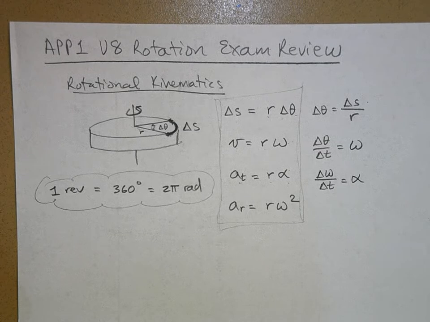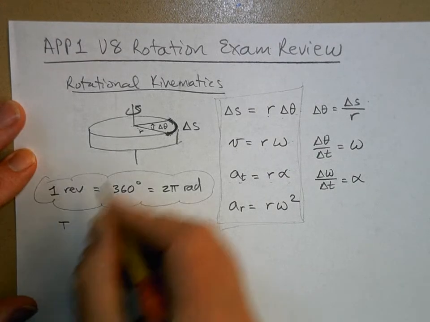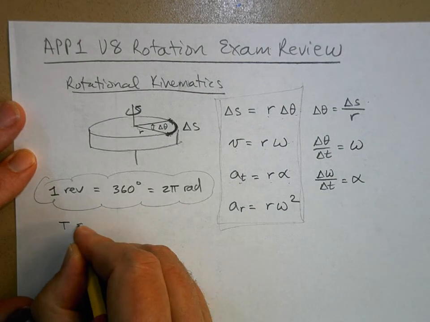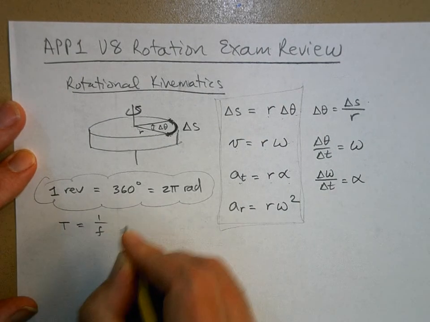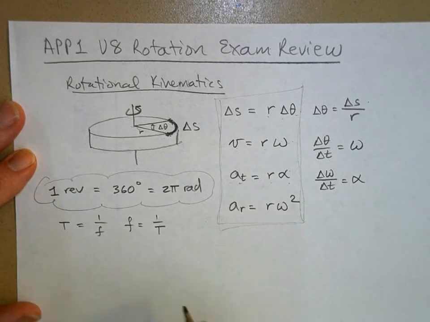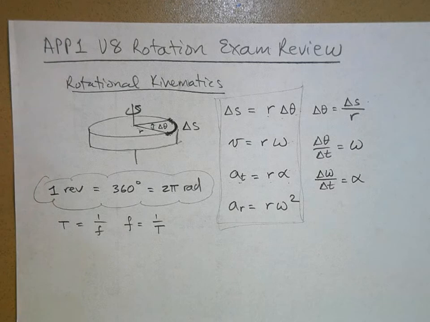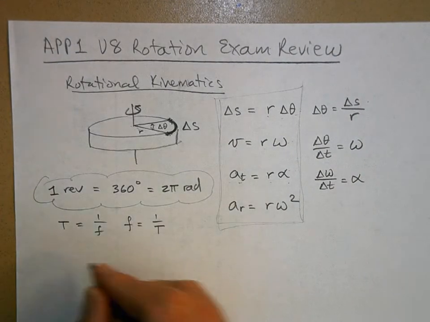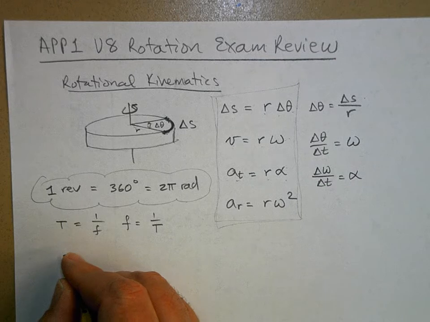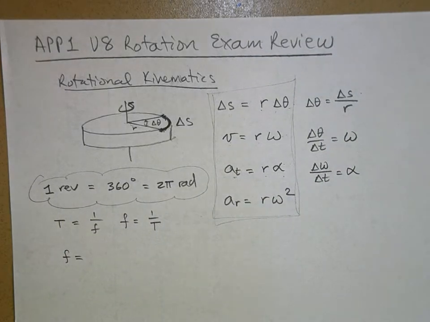Well, we also defined the period. The time it takes to go around once is equal to 1 over the frequency. The frequency is 1 over the period. Also, and I wrote this down wrong, I made a mistake earlier, like 2 weeks ago: the frequency, that's in hertz, that's in revolutions per second.